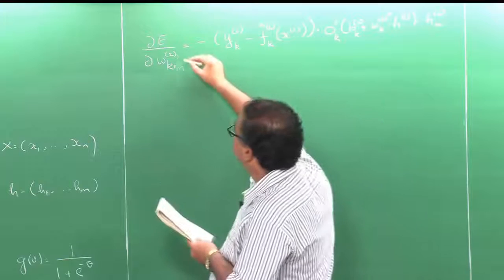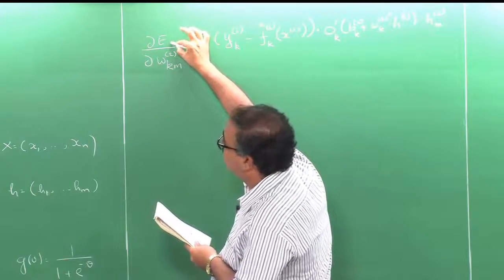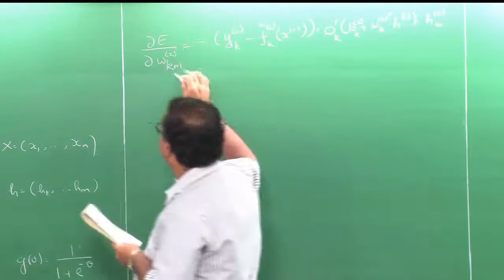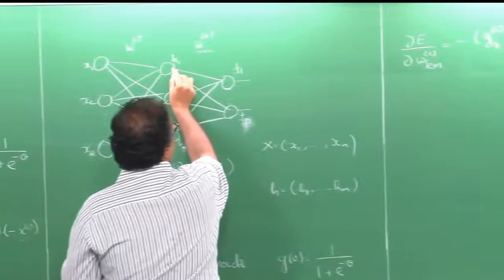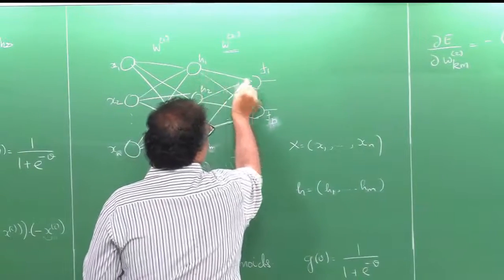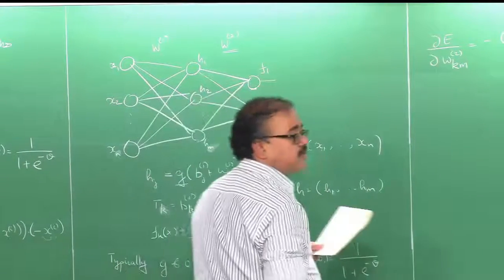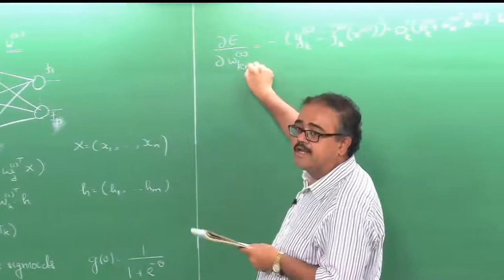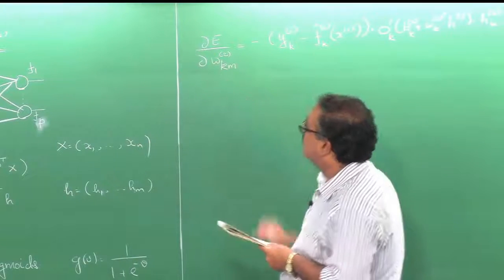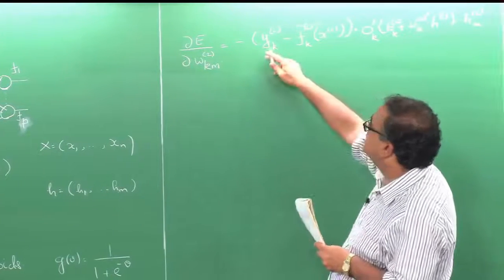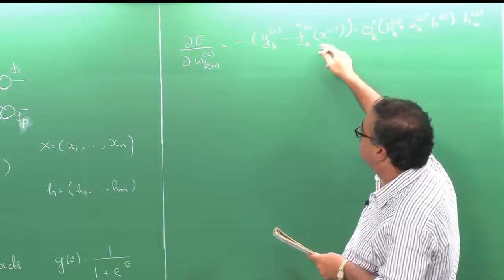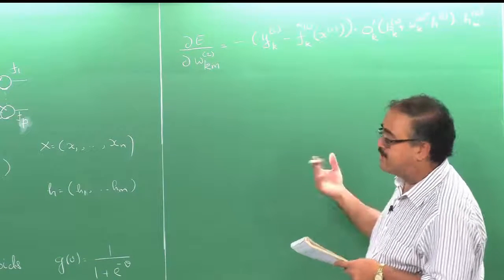I am going to look at the gradient of the error with respect to a single weight that runs from the mth hidden neuron to the kth output neuron. This is essentially the kth output minus the prediction given by the neural network.